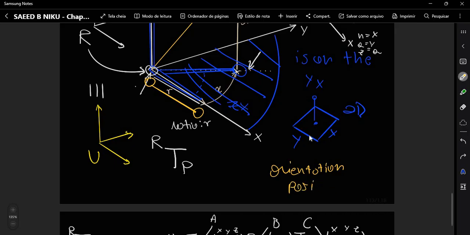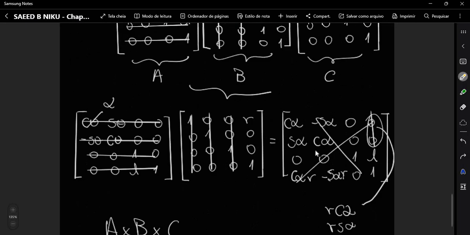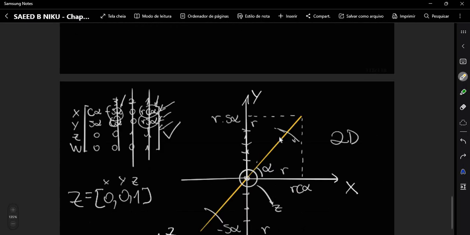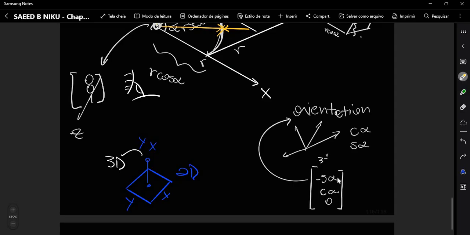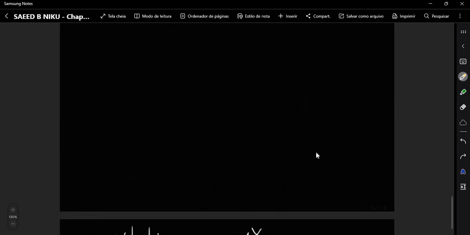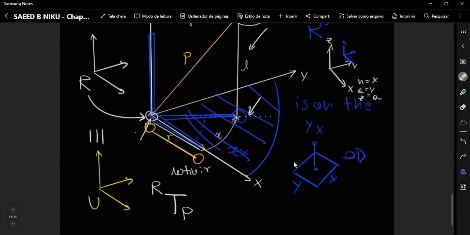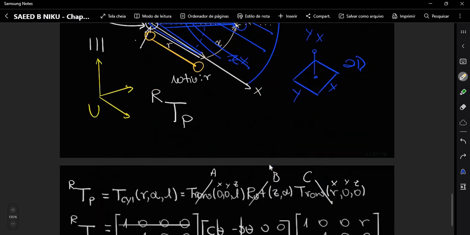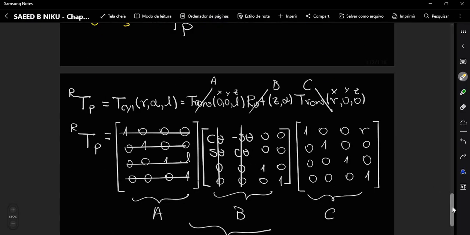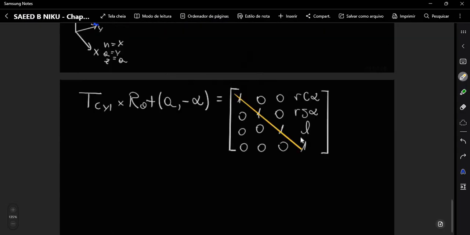And as we were doing this analysis, this column, I said that it was the orientation. So now you know that when we do rotations, rotations change the orientation. So let me write this because it is very important.